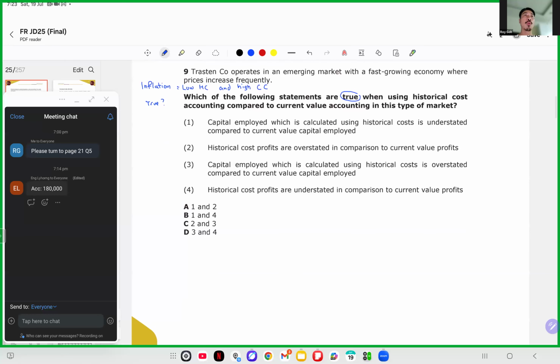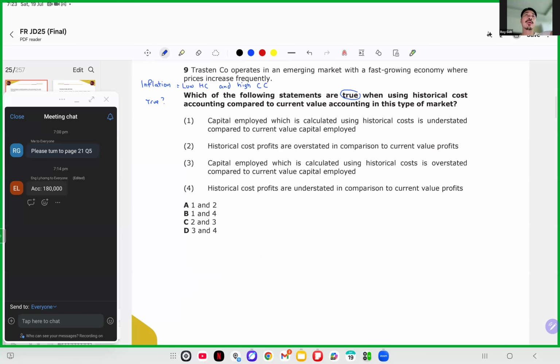Sentence 1. Ratios. Capital employed. The formula for capital employed, CE, is for you to take non-current asset plus current asset minus current liability. This is one way.